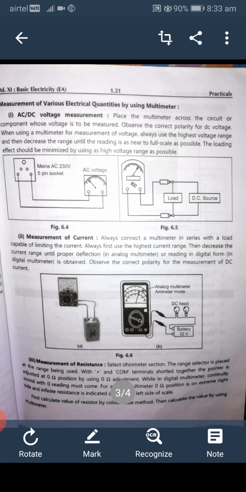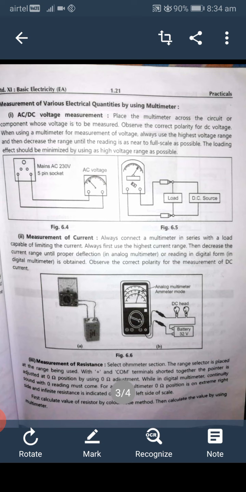Measurement of various electrical quantities by using a multimeter. AC/DC voltage measurement. Place the multimeter across the circuit or component whose voltage is to be measured. Observe the correct polarity for DC voltage.